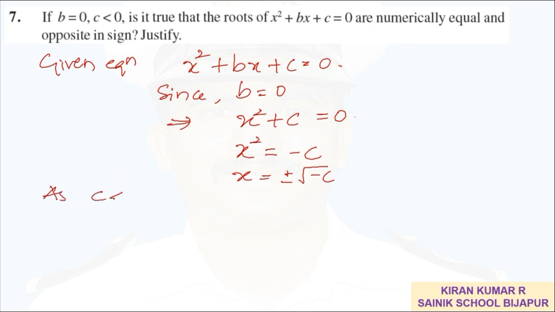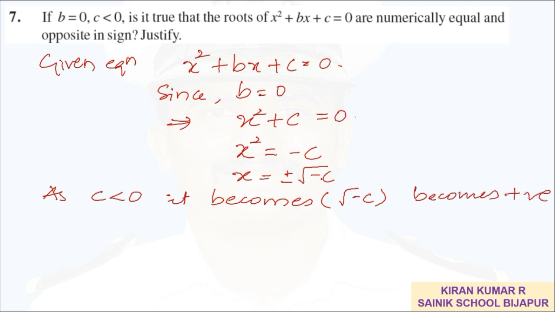As c is less than 0, the root of negative c becomes positive, because c value is negative. Negative of a negative is a positive number, therefore the real roots will be there. Therefore roots are real.